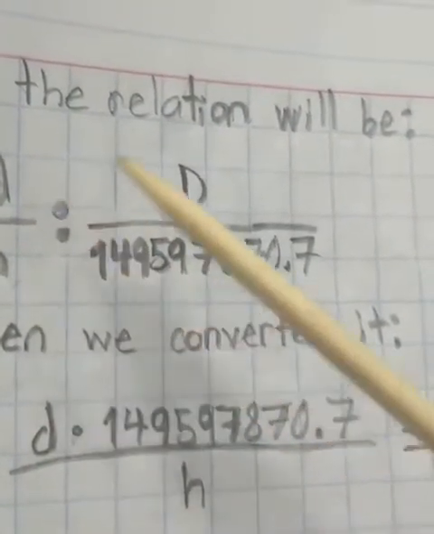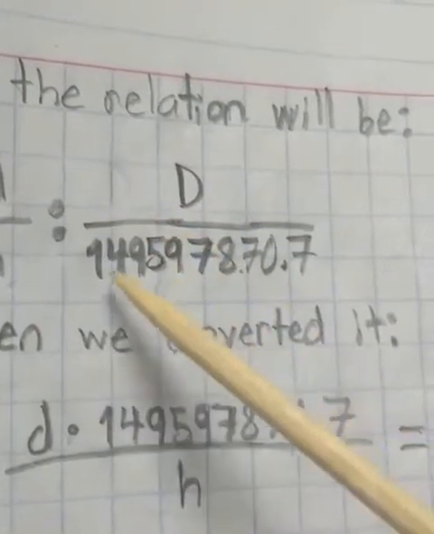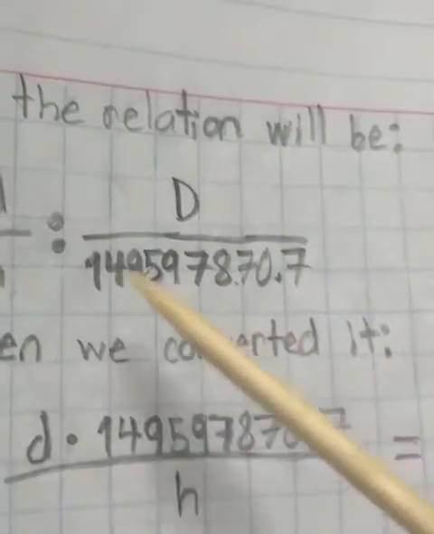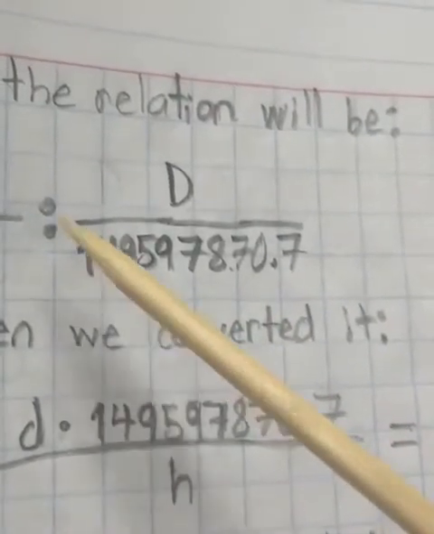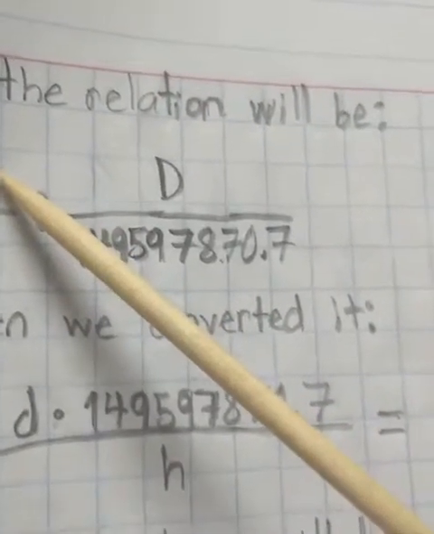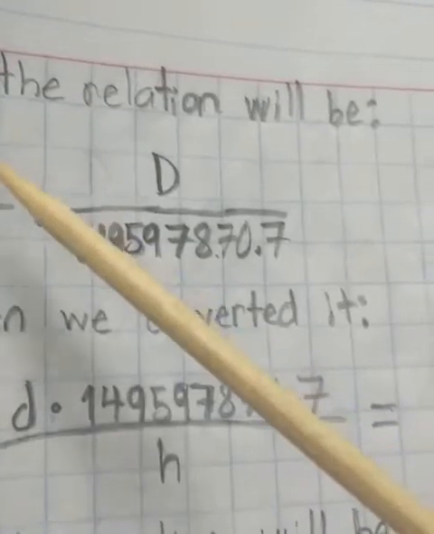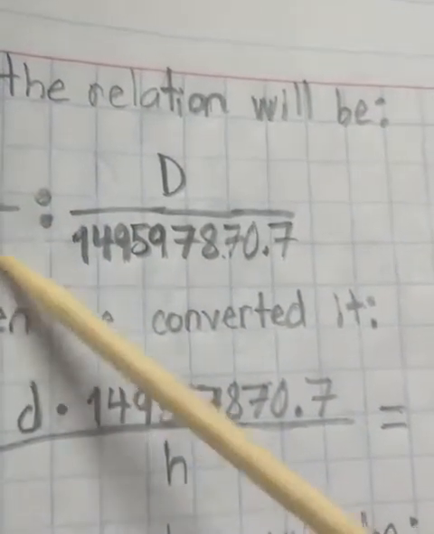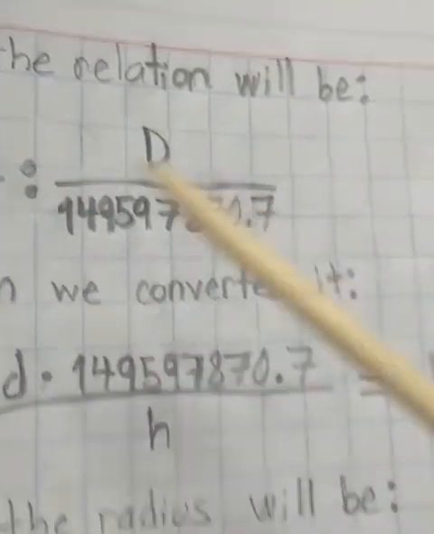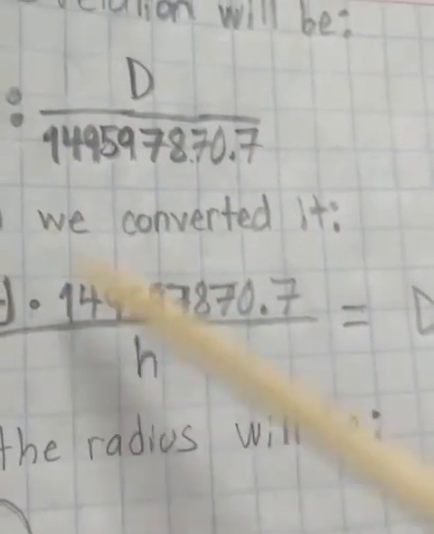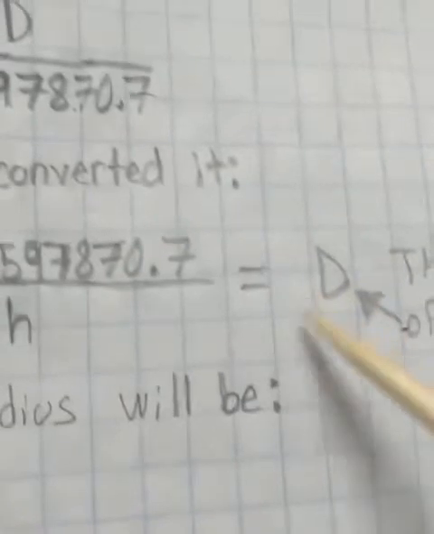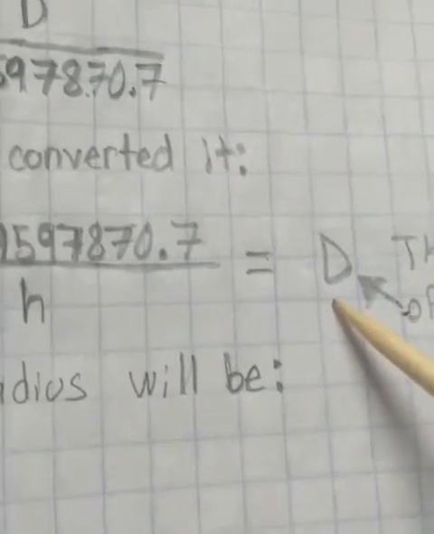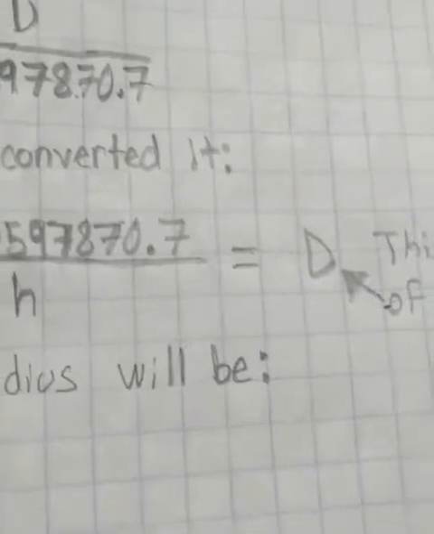Applying a rule of three, we multiply the distance between the Earth and the Sun by this diameter, and we divide it by this height. So we apply the formula here and we obtain the capital D, that is the diameter of the Sun.